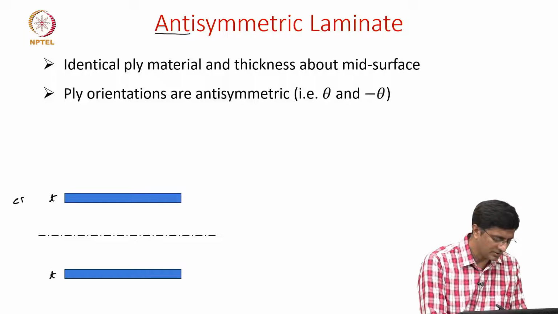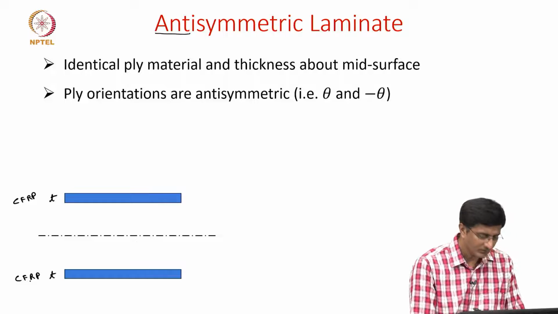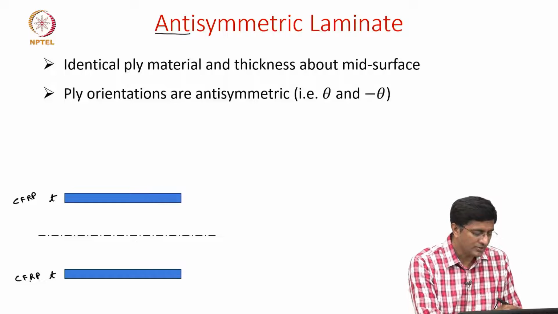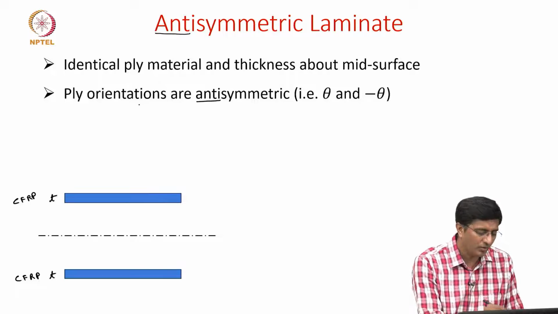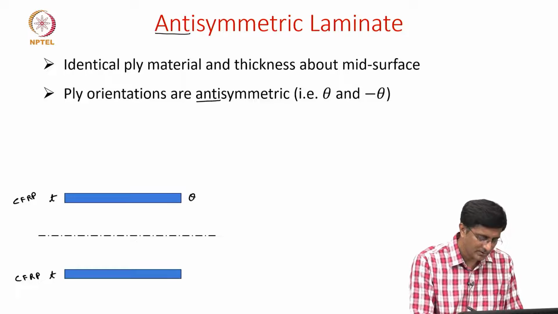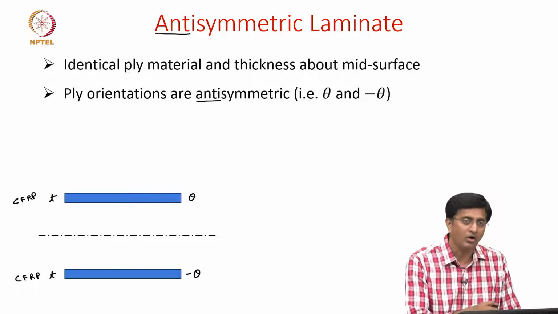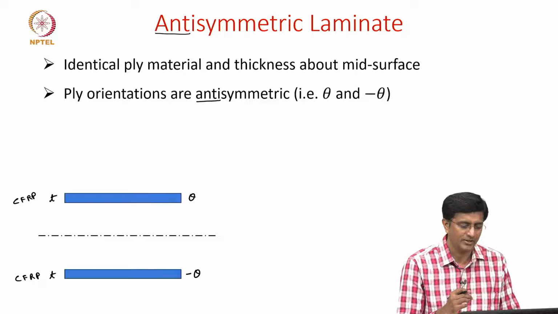Let's say if this is CFRP, this is also CFRP. But the only difference is the ply orientations are antisymmetric. What do we mean by orientations being antisymmetric? Meaning if one of the layers is plus theta, the other layer will be minus theta. That's the only difference.